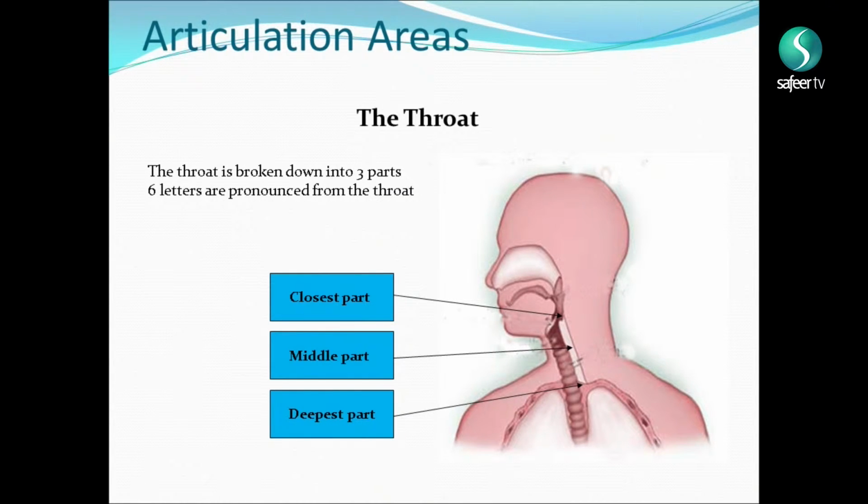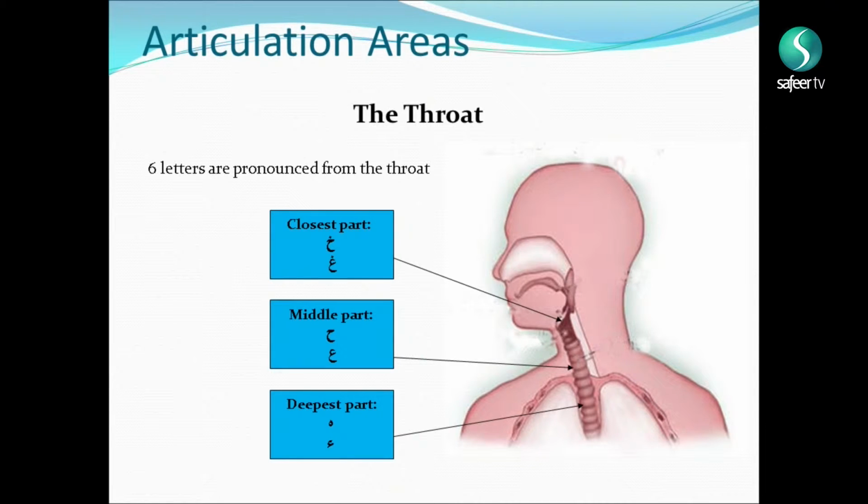In the next slide you will see the letters. So we have Hamza and Ha in the deepest part, then in the middle part Ain and Ha, and in the closest part Ghain and Kha.